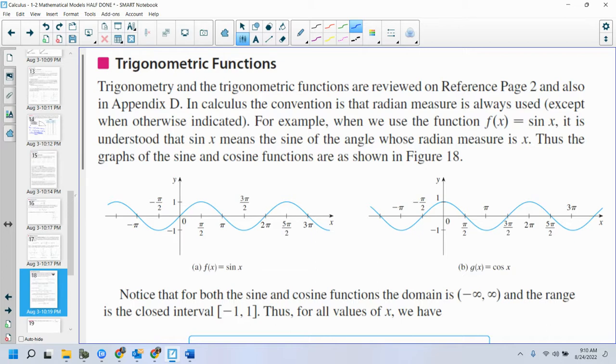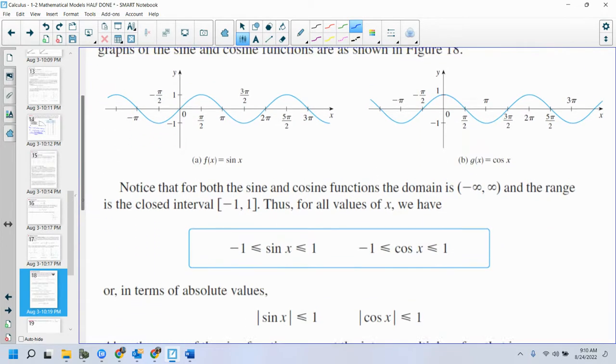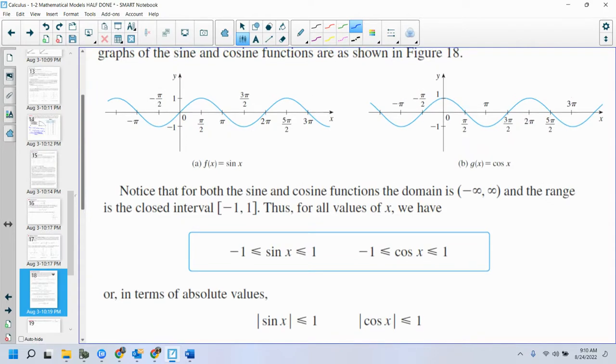But this is the graph of sine of x and the graph of cosine of x. A couple things to make note of. Notice that for both the sine and cosine functions, the domain is all real numbers, right? Doesn't matter what I plug into sine or cosine, I'm going to get something back out again. But the range is bounded, right? It's bounded by -1 to +1. And this is just for basic sine x, cosine x.